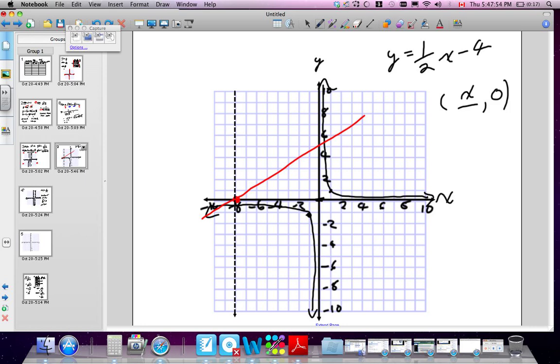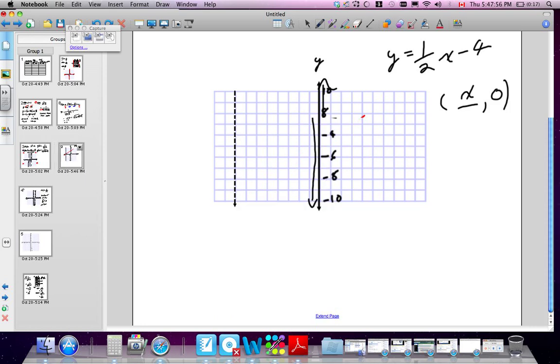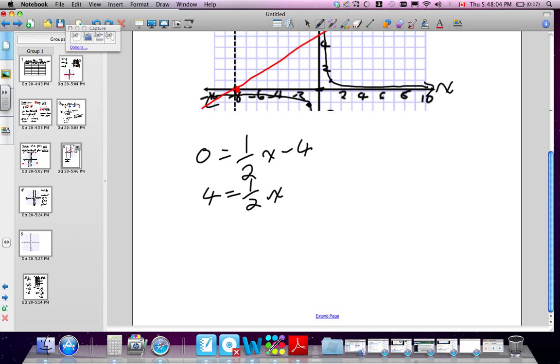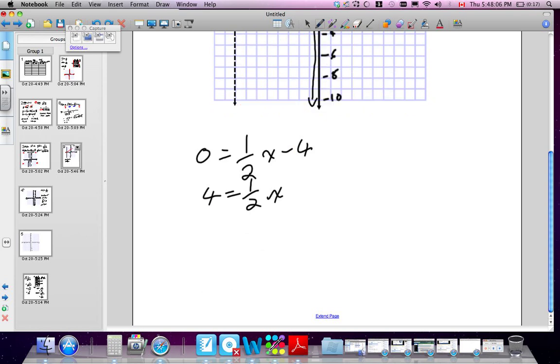So we plug 0 in for y. We get 0 is equal to a half x minus 4. We bring 4 over, we get 4 equals a half x. I'm going to bring a half over. It's 4 divided by a half, or in other words, 4 times 2. Does that make sense to you? So our x-intercept is at 8.